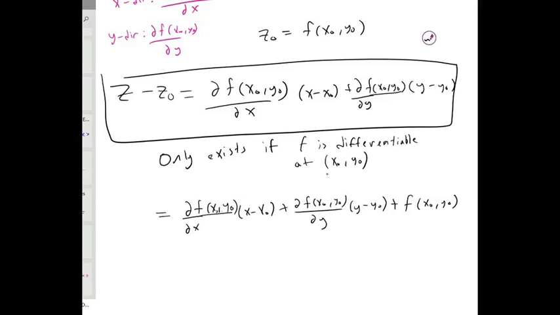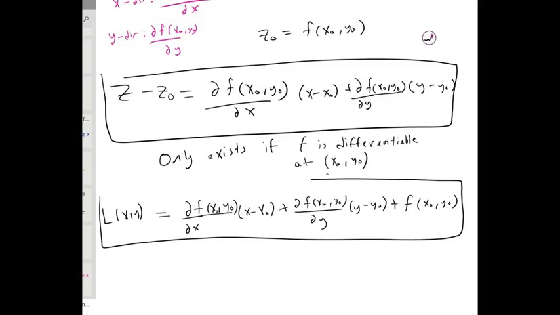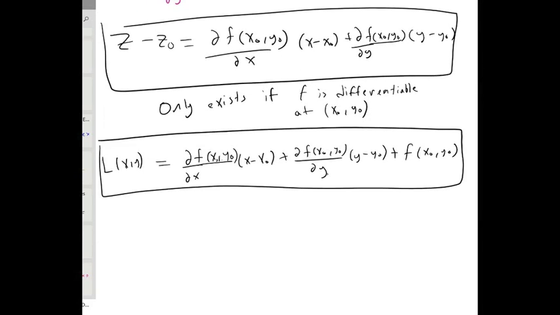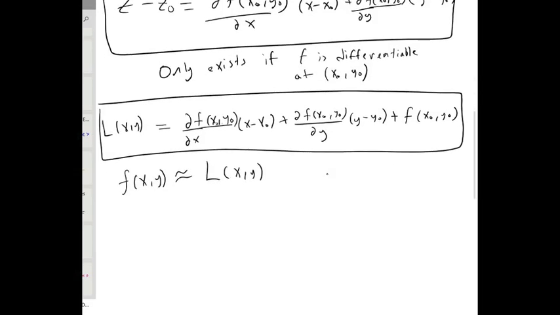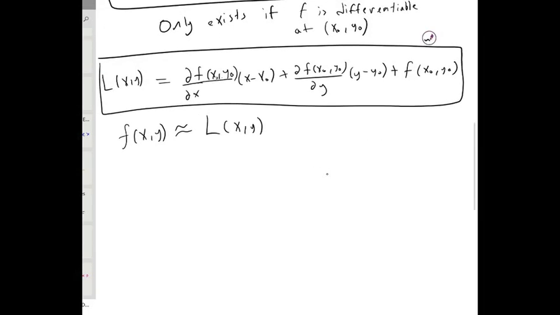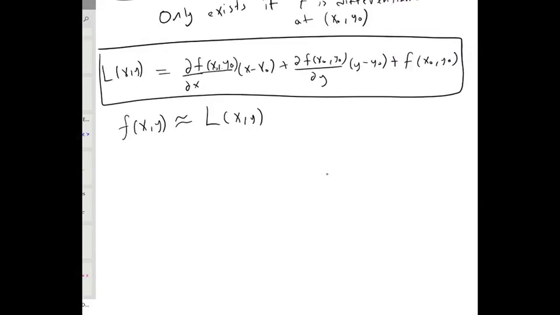This is our linear approximation in terms of x and y in 2 dimensions, or 3 dimensions if you want to look at it that way. But the plane itself is a 2-dimensional object. So if you want to approximate something around x0, y0, you can approximate that as the linearization of f at x0, y0. So I think some examples will make that more clear.